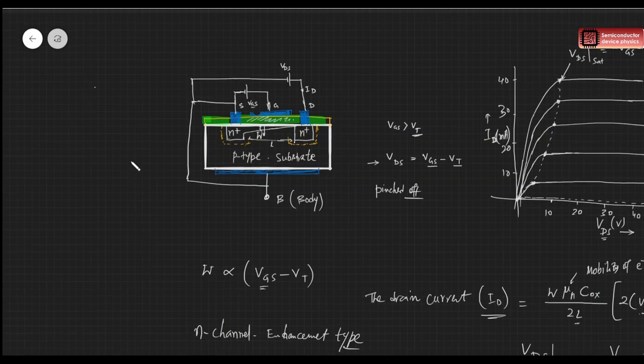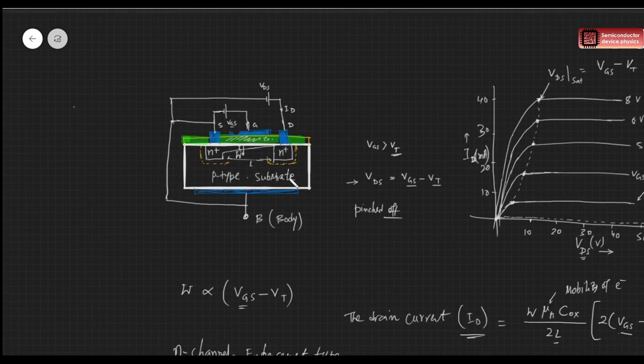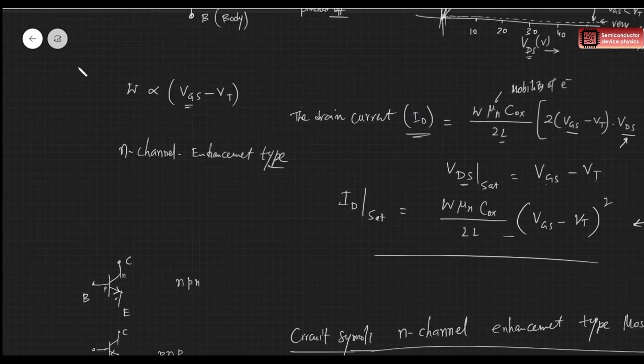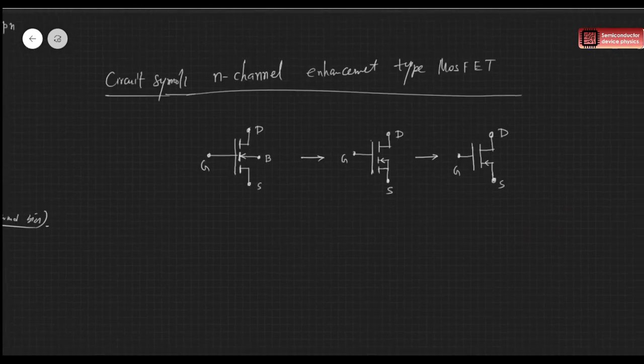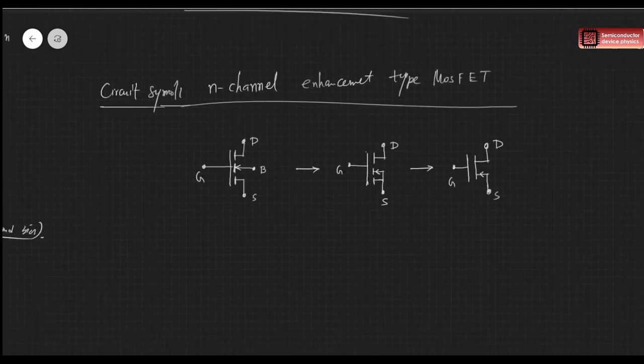It will be outward, because from the source terminal the current enters, and the direction will be the other way. Sorry, we put the arrow on the other half, the arrow here.